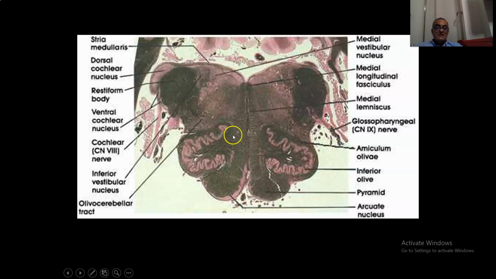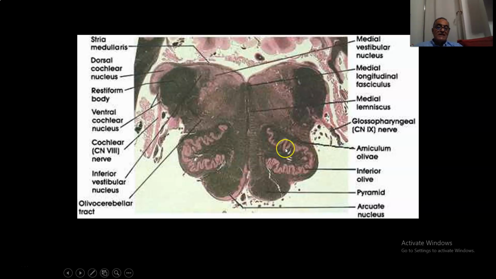The olivocerebellar tract: the inferior olive is a very important structure in the extrapyramidal system, and it gives fibers to the cerebellum. So, these are afferents from the extrapyramidal system.